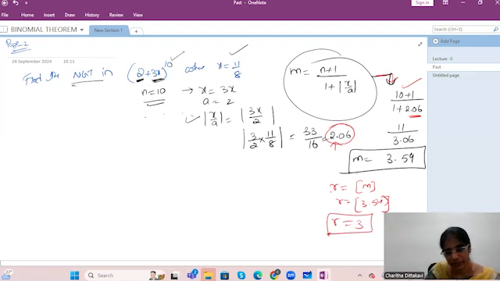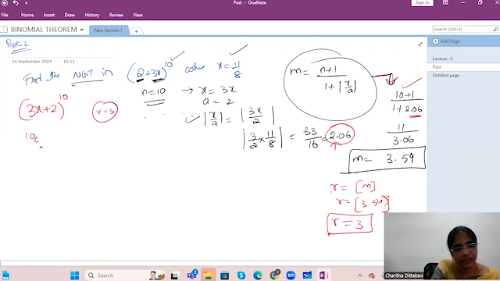Did you all understand this? So when r equals 3, in the expansion of (3x plus 2) whole to the power 10, r equal to 3 is what you take and write the general term, which is 10C3 times (3x) to the power 10 minus 3 and 2 to the power 3. Just substitute the values.